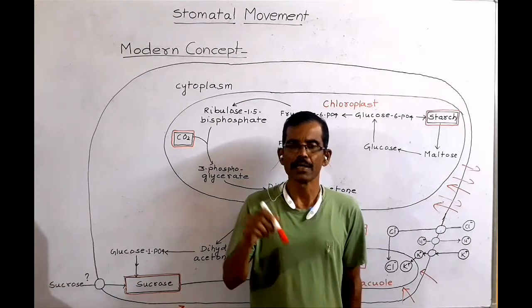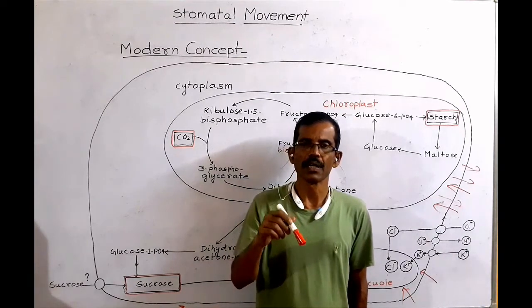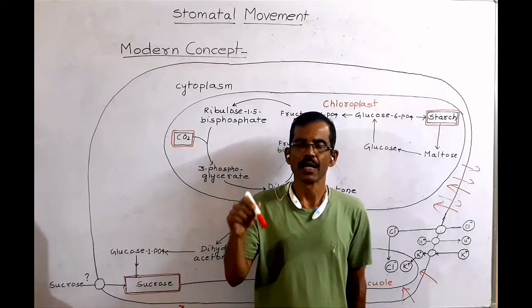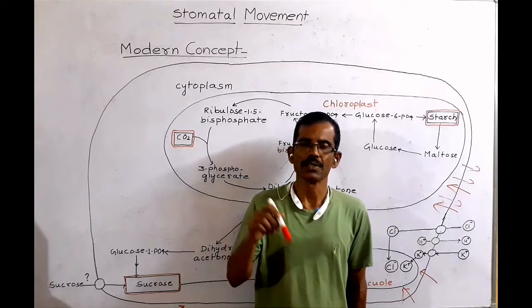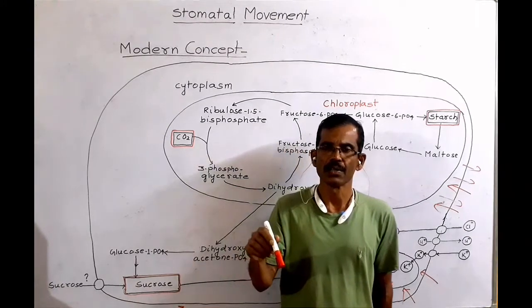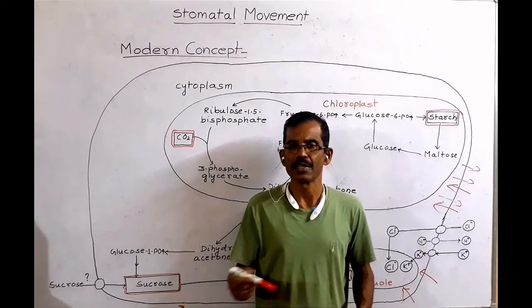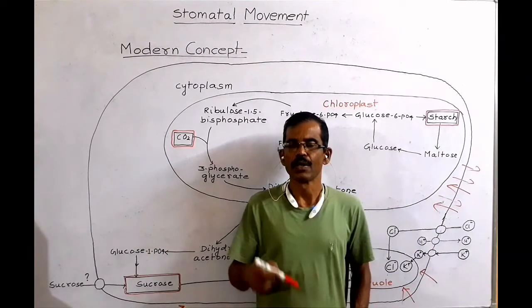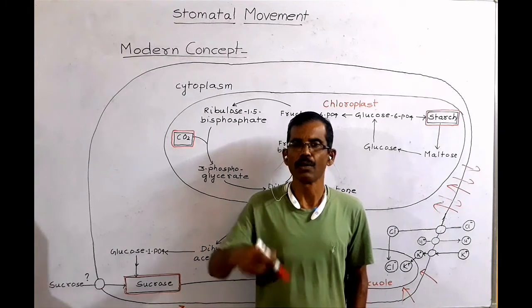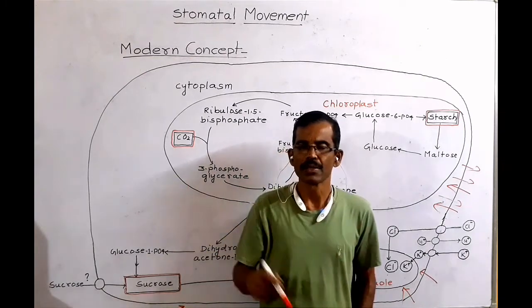But during night time, the starch content of guard cells increases and the sugar content decreases. This is due to the synthesis of starch. So the osmotic potential of the guard cells increases. As a result, water molecules diffuse out into the surrounding cells.